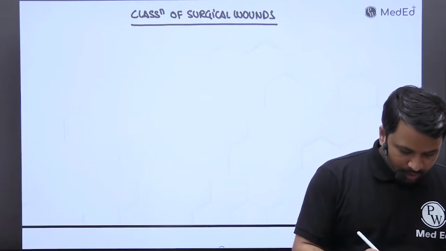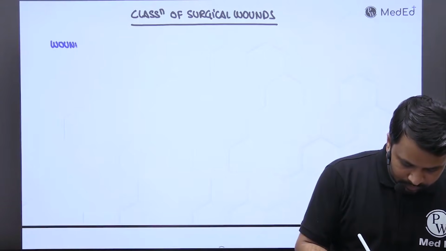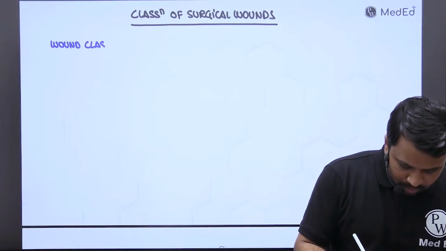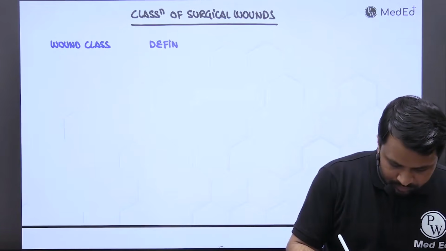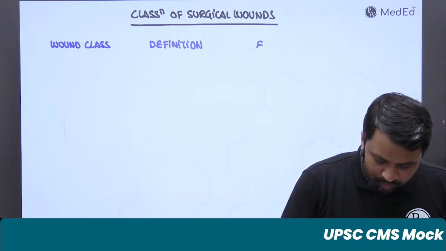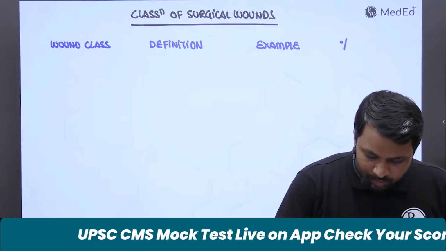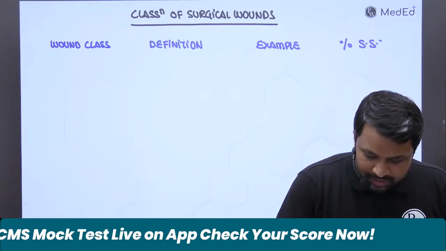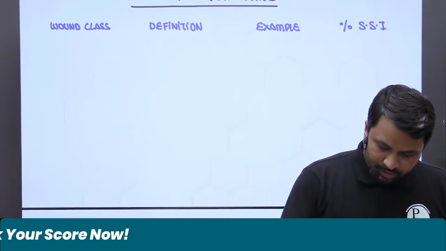One is going to be your wound class. We'll define it, the definition of that particular wound class. We'll talk about the example of that particular wound class and the percentage of surgical site infection in that particular wound class. Okay? So this is what you have to determine.